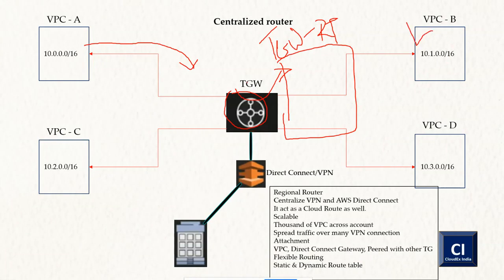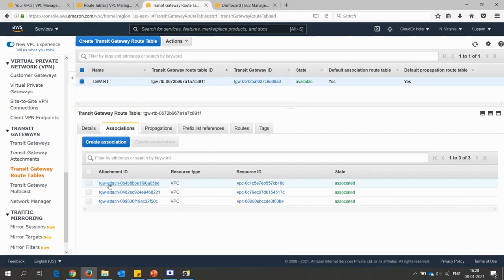So the moment it reaches this, first it will verify the association, whether the VPC A attachment is associated with the TGW route table or not. So it will identify the VPC with the attachment ID.